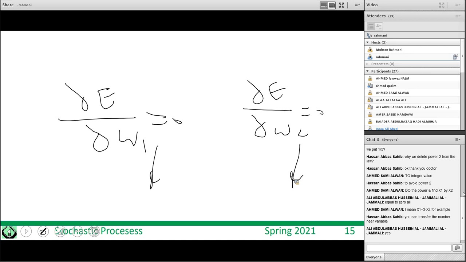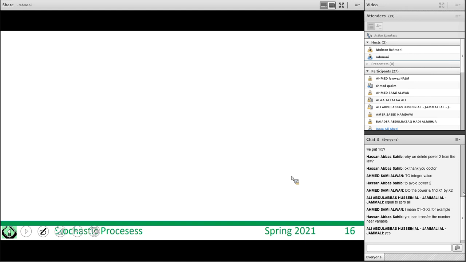You minimize a function by differentiating the function. By differentiating the function, you can solve the problem.